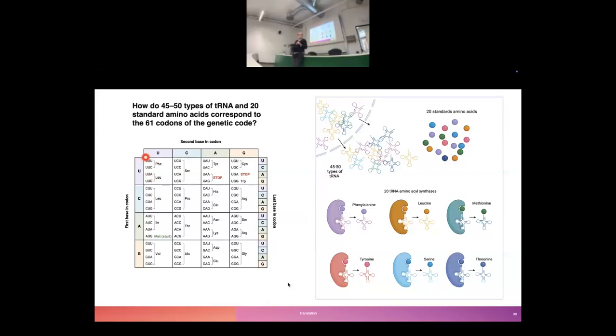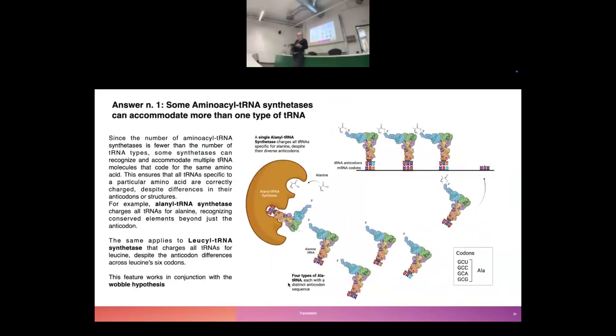So this one as an anticodon will be AAA. This one as an anticodon will be AAG. And this is the case. So the first thing is that some of those amino acid tRNA synthases accommodate more than one type of tRNA.